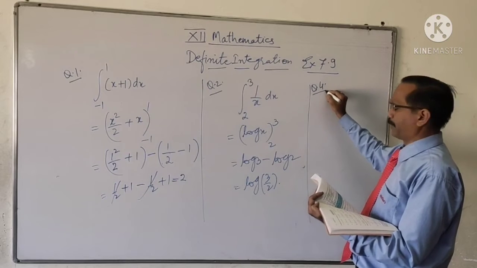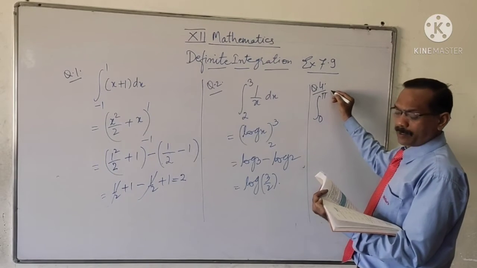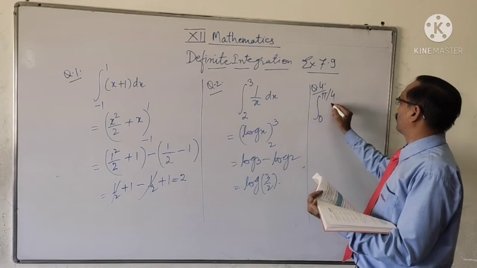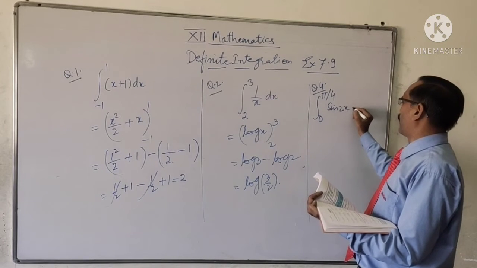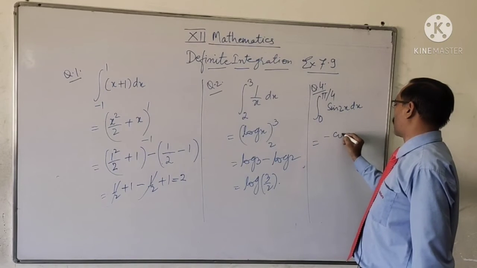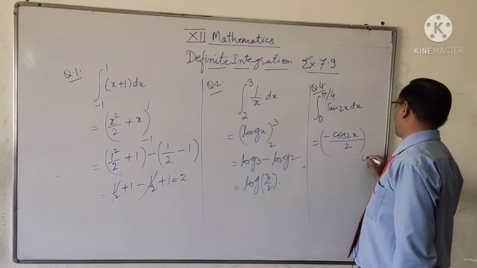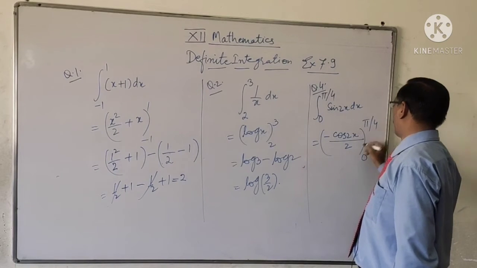Then question number 4. There is the integral from 0 to pi by 4 of sin 2x dx. Integration of sin 2x is minus cos 2x upon 2. Then introduce the limit 0 to pi by 4.